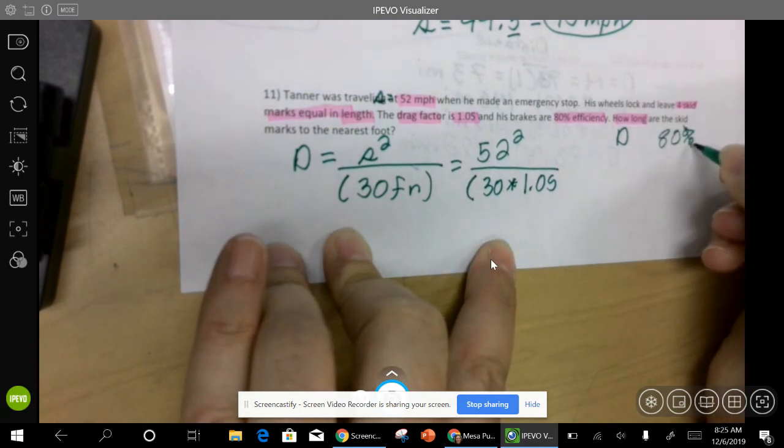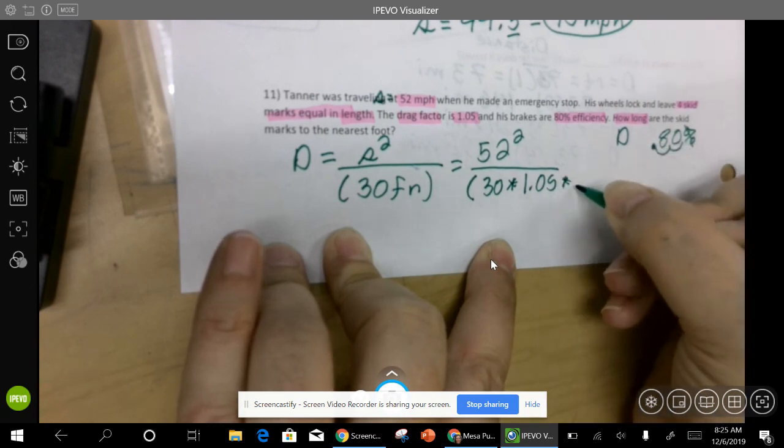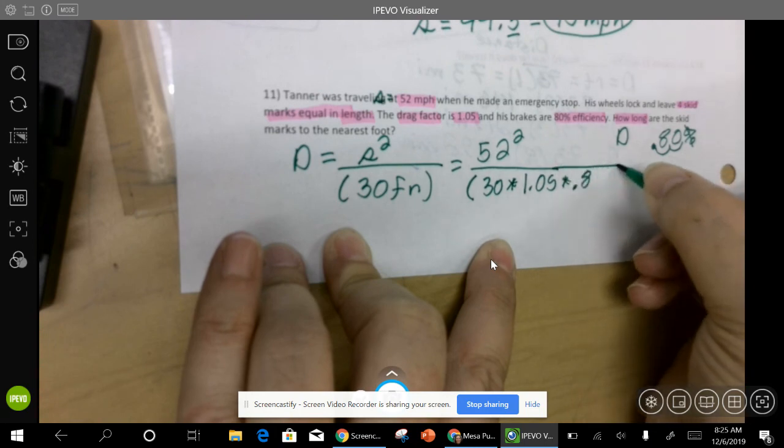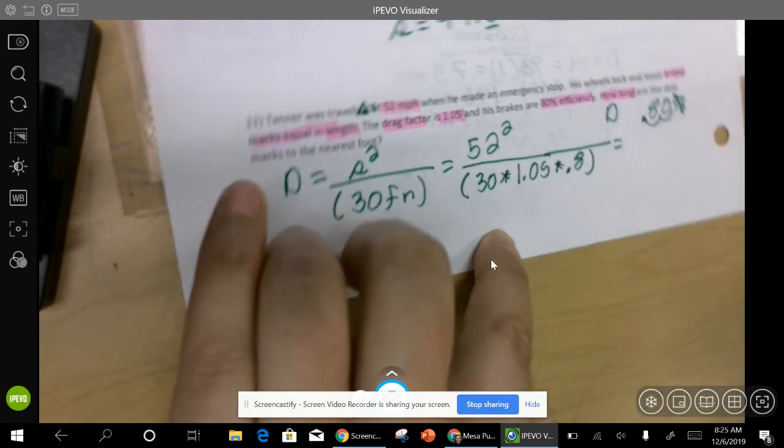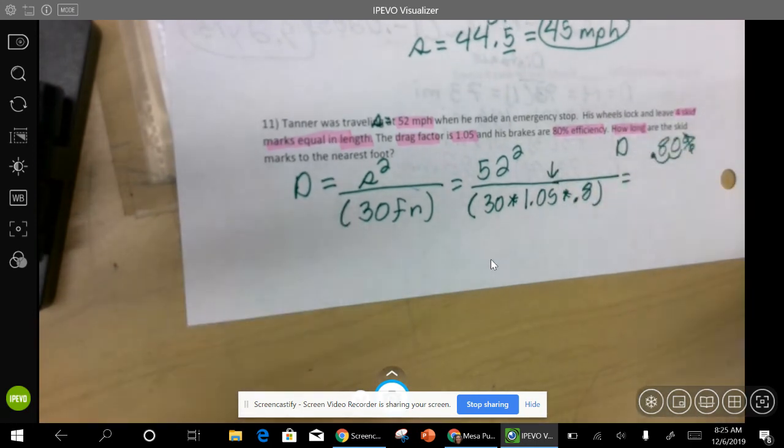Remember, 80%, drop the percent sign and go to the left, add the decimal, so times 0.8. Do math frac first, then 52 squared, scroll down, and then do parentheses: 30 times 1.05 times 0.8.